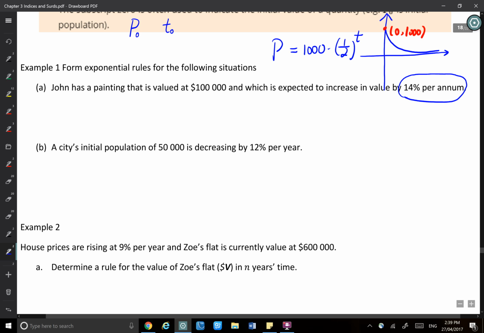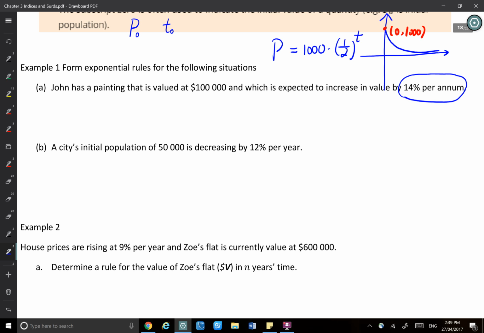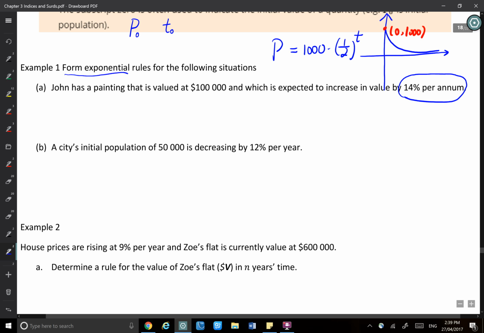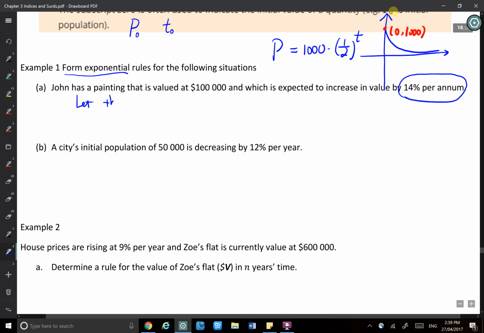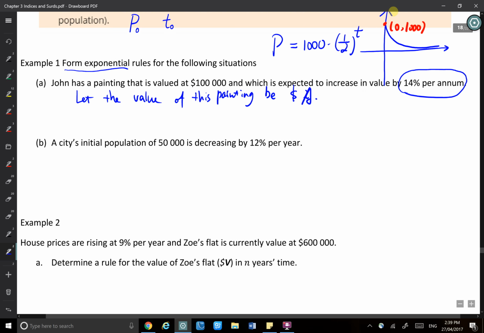I want to form exponential rules. Let the value of this painting be $A.